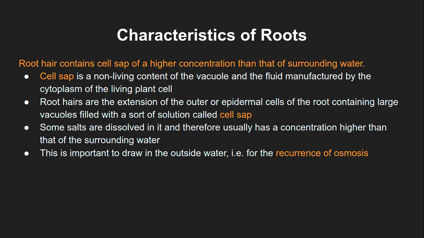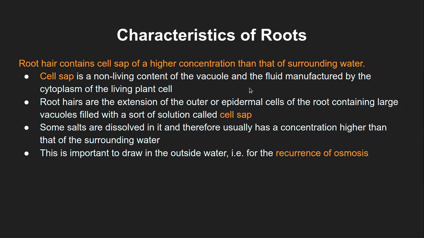And the fluid which is manufactured by the cytoplasm of the living plant cell, all together is called cell sap. So the cytoplasmic material as well as the vacuole material, which are non-living, are called cell sap.